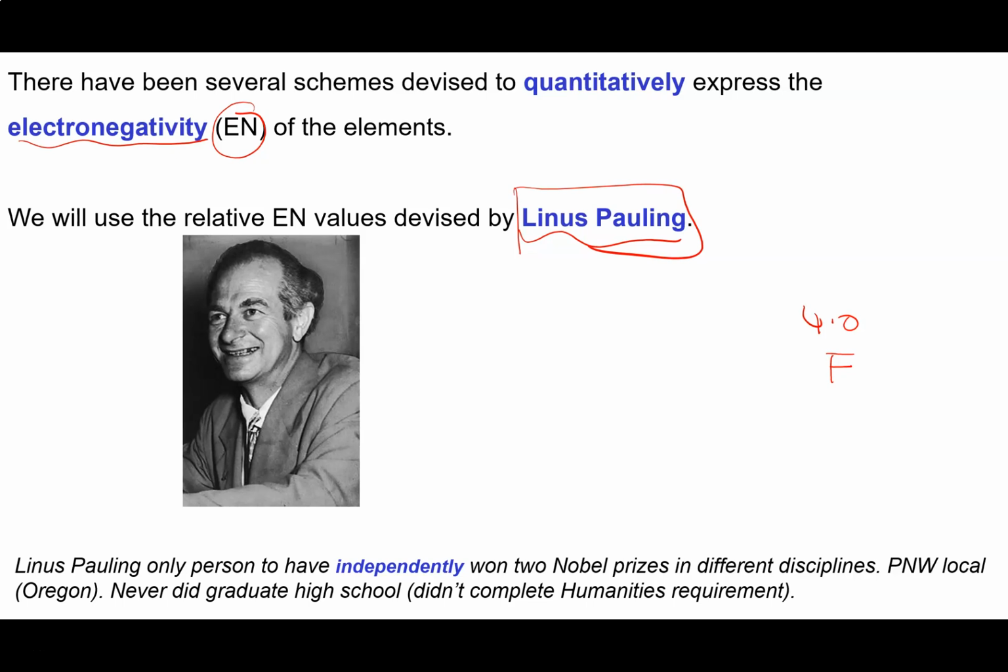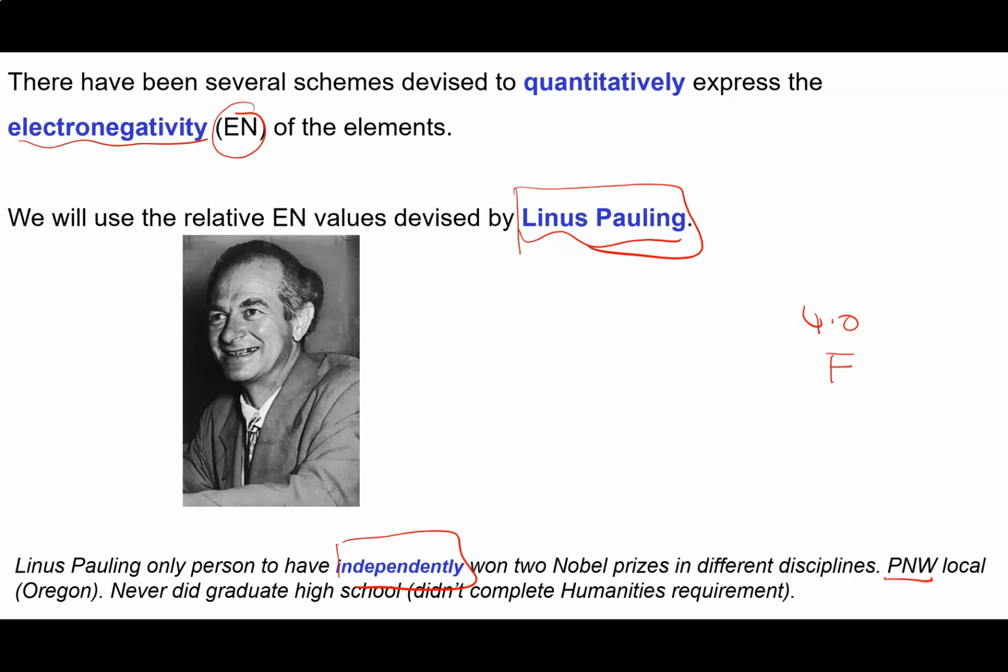Now, Linus Pauling is an interesting guy because he's the only person to independently win 2 Nobel Prizes in 2 different disciplines. I think he got the Peace Prize and also the Chemistry Prize, and he did it all by himself. Often Nobel Prizes go to teams of people. He actually comes from the Pacific Northwest, and he was educated in Oregon.